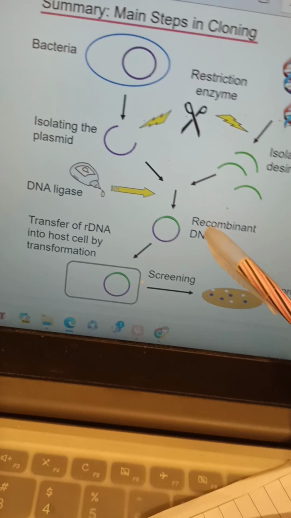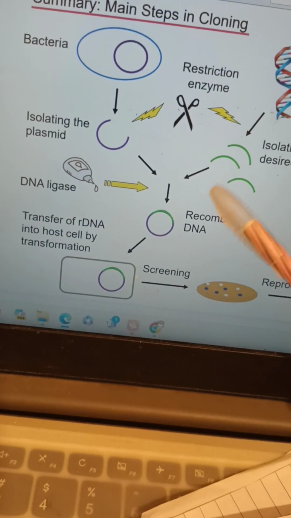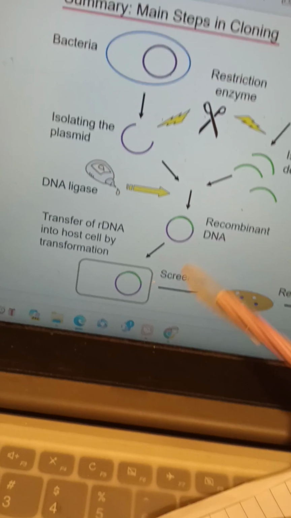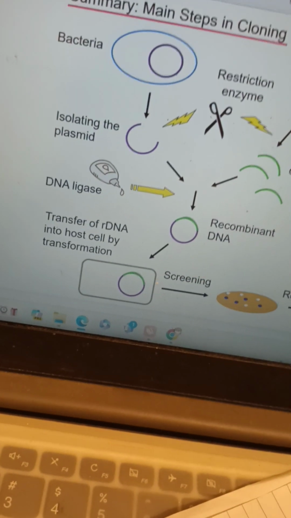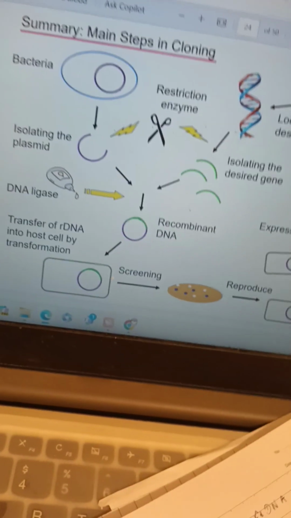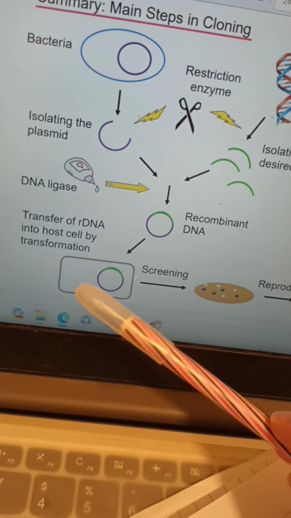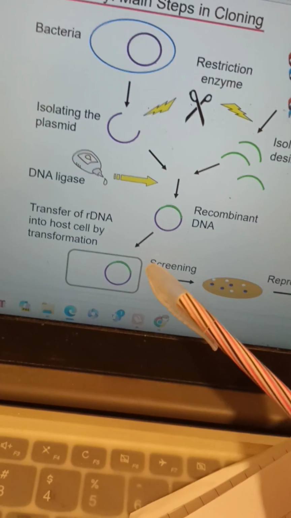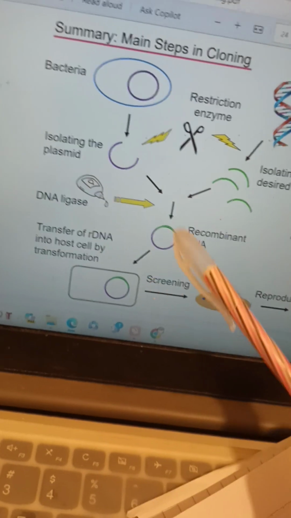Now we put the recombinant DNA into the bacteria, and we are going to let the bacteria multiply because we want the bacteria with recombinant DNA to multiply, right? We want a lot of bacteria with recombinant DNA. But the thing is, when we let the bacteria multiply, not all the bacteria have the recombinant DNA. Only some of them have the recombinant DNA.